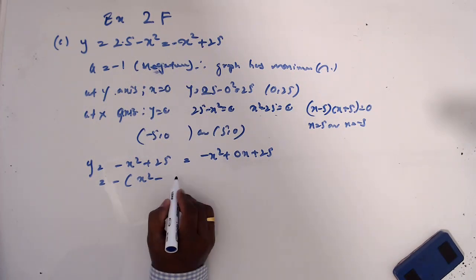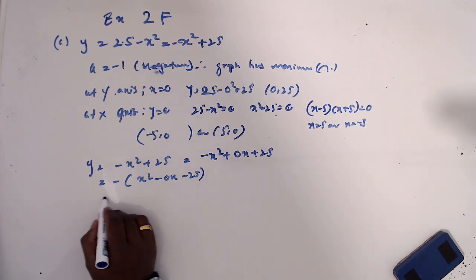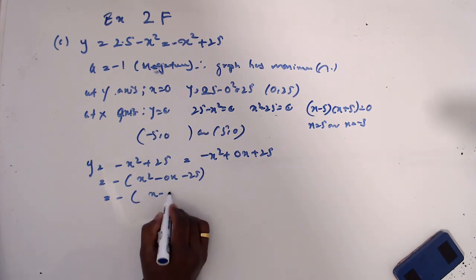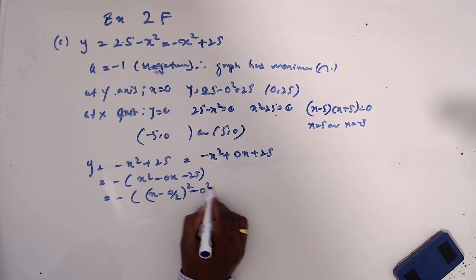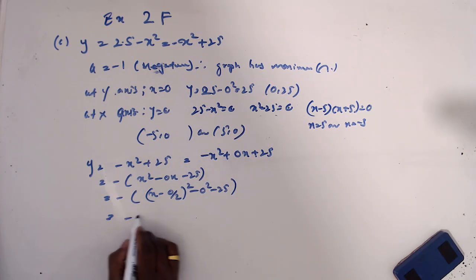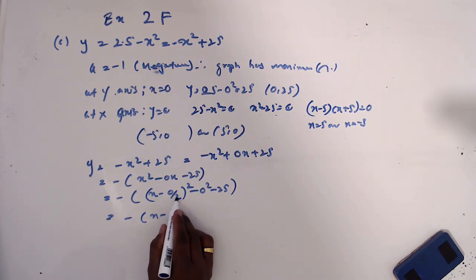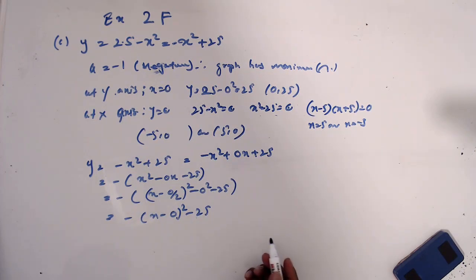Now this is going to be minus (x square minus 0x minus 25), equals minus ((x minus 0 divided by 2) square minus 0 square minus 25).